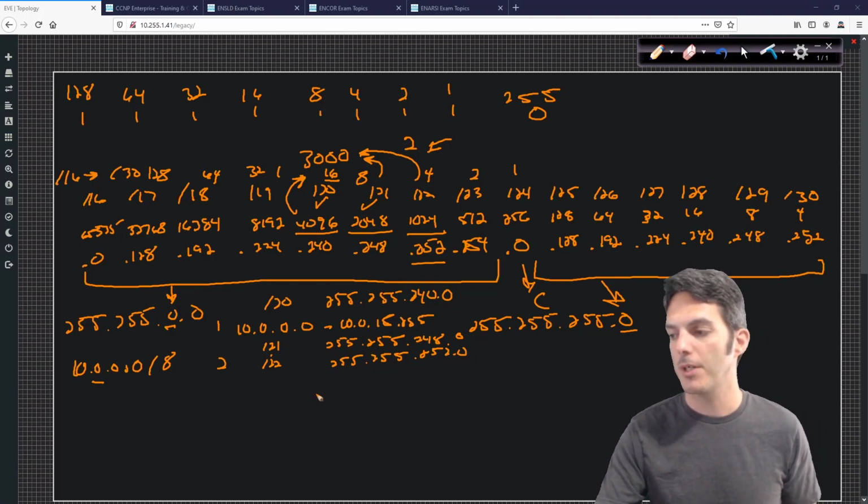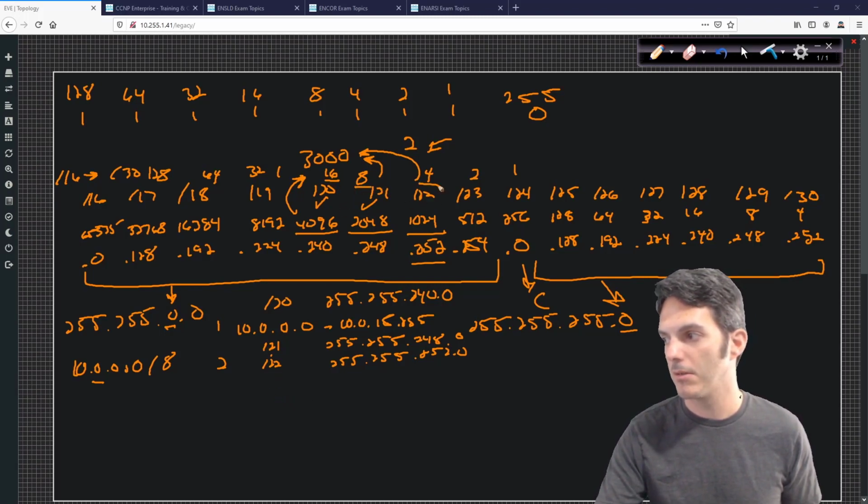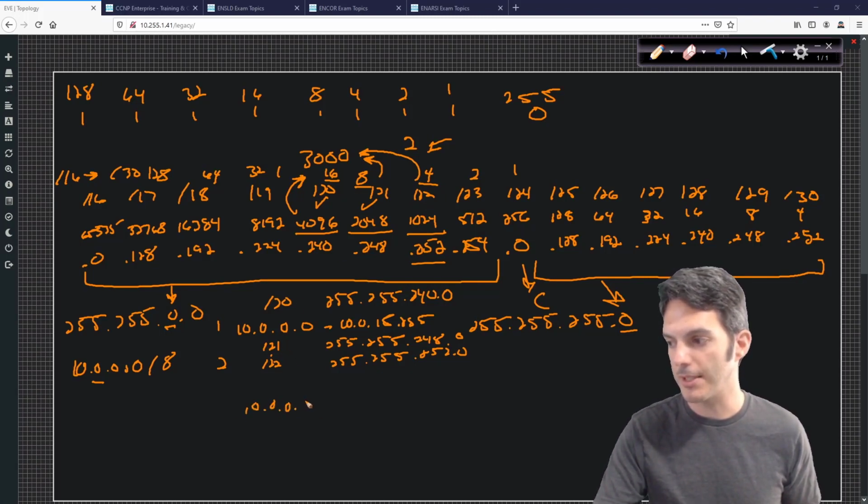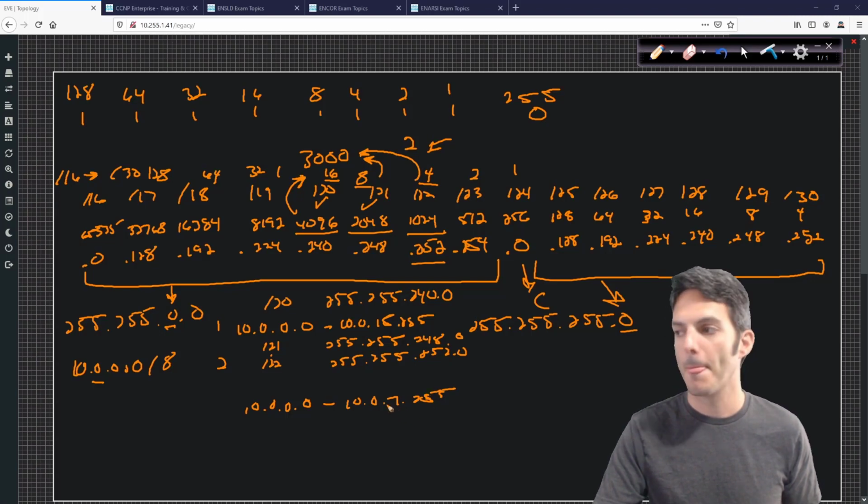So in the first one, you would come in here, and remember, this is your range right here. So the first range is going to be 10.0.0.0 through 10.0.7.255. Right? Now the next time you come in, this is your /21 range.